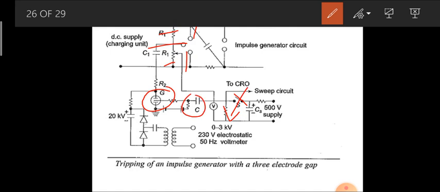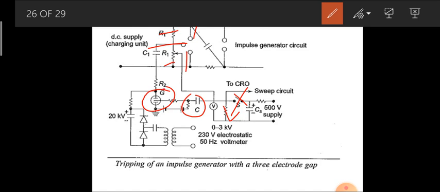C produces an exponentially decaying pulse of positive polarity. So this pulse goes and initiates the oscilloscope time base circuit.